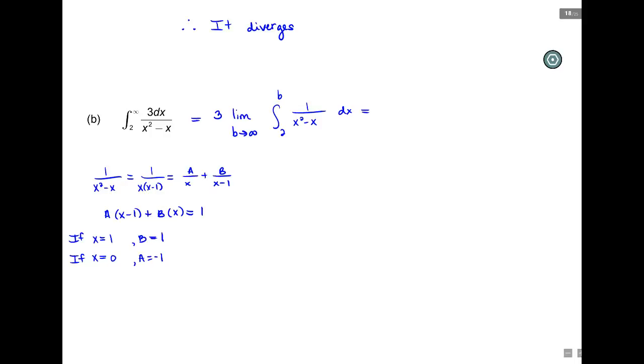So when I rewrite this, I have 3 limit as b goes to infinity, and the integral from 2 to b, and I'm going to have negative 1 over x plus 1 over x minus 1 dx.